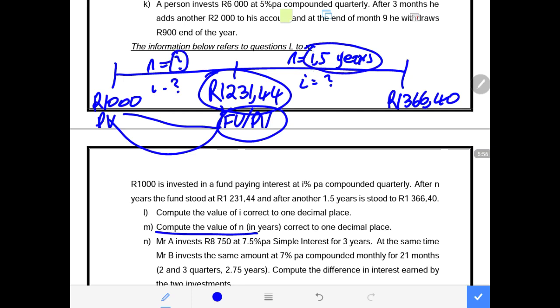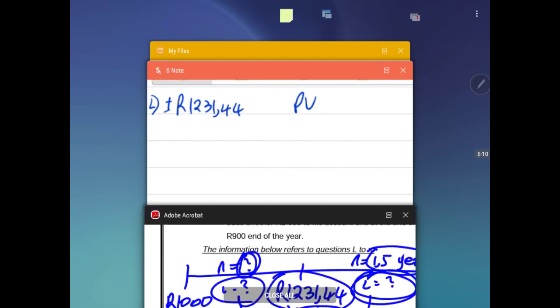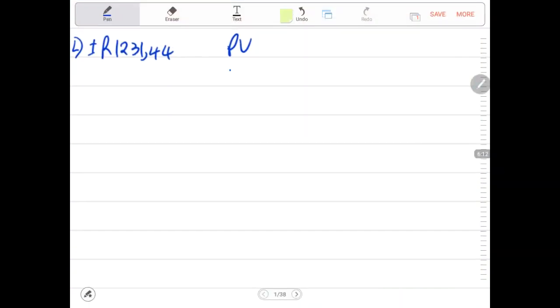But very likely after we have calculated interest, we'll be calculating our n here, because the interest for this period will be the same as the interest for this period in terms of compounding, because we were not told otherwise. So that means we have to say our future value is an amount of 1,366 rand 40 cents.